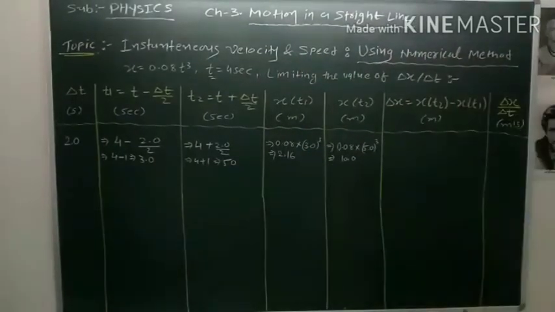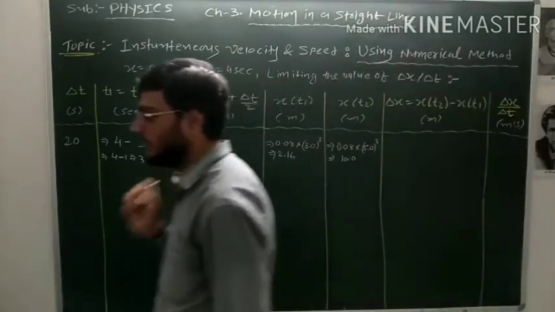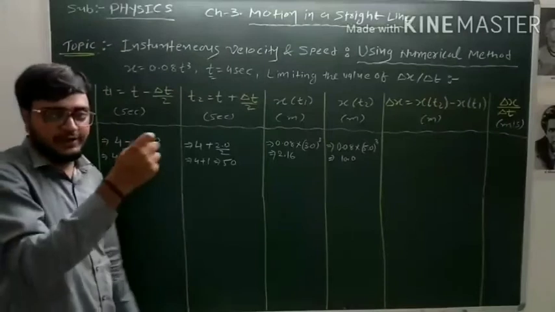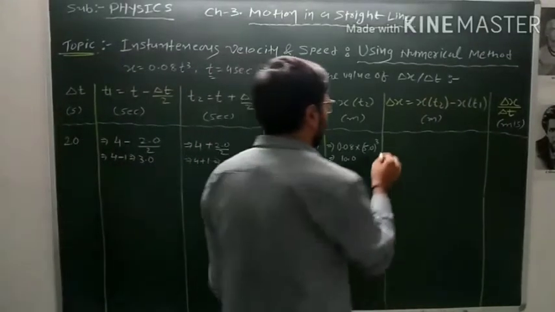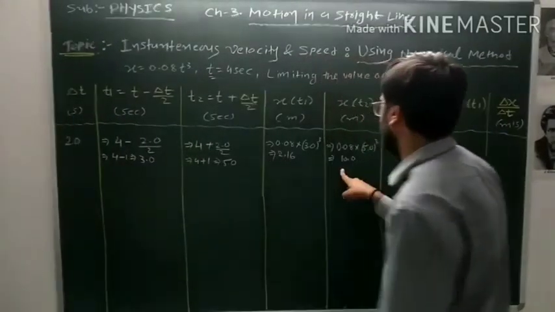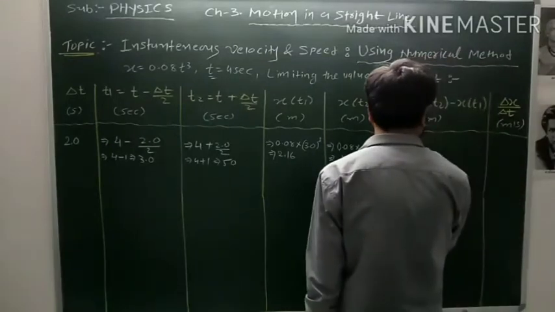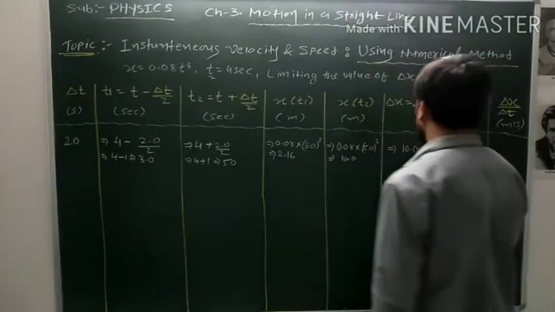Similarly, we can find delta x. Delta x is nothing but the final position minus the initial position. The final position is 10.0 and the initial position is 2.16.